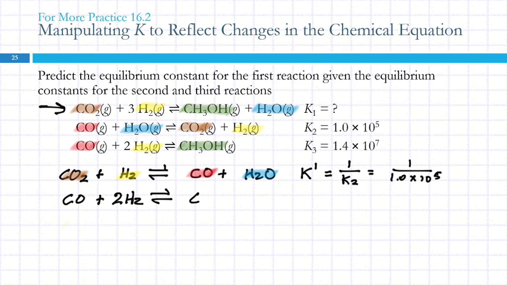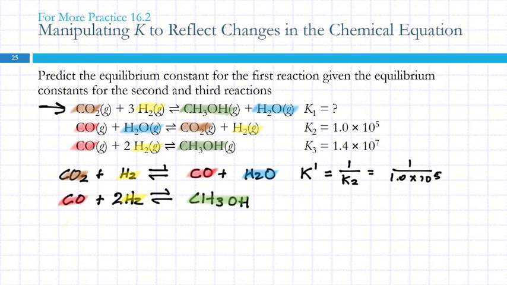It's helpful to copy the right equation. Carbon monoxide's red. H2 is yellow. Methanol is green. What did we do to that equation?